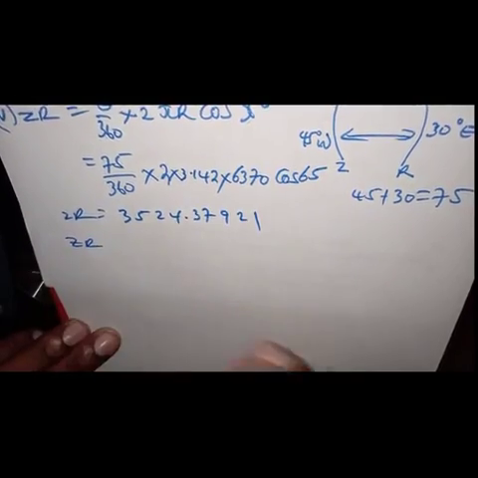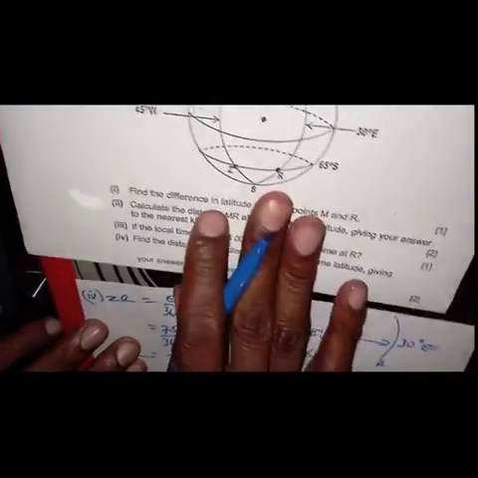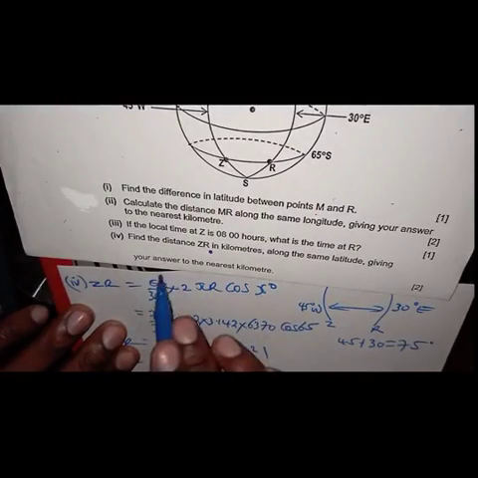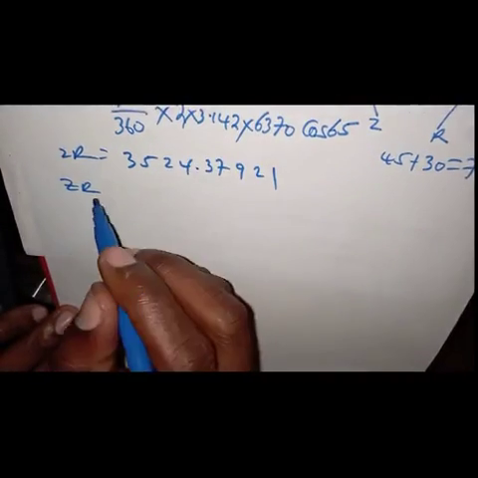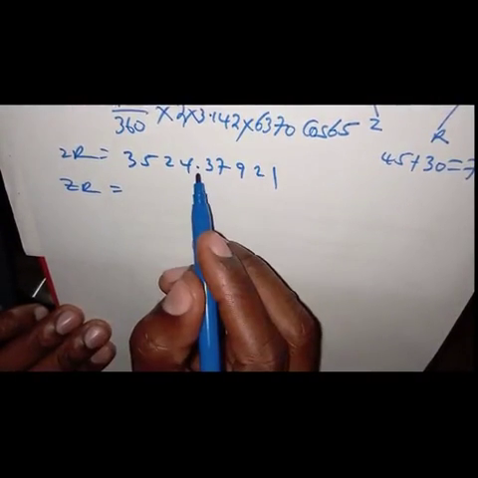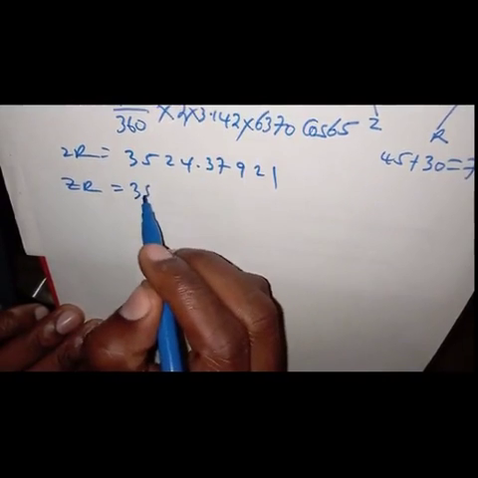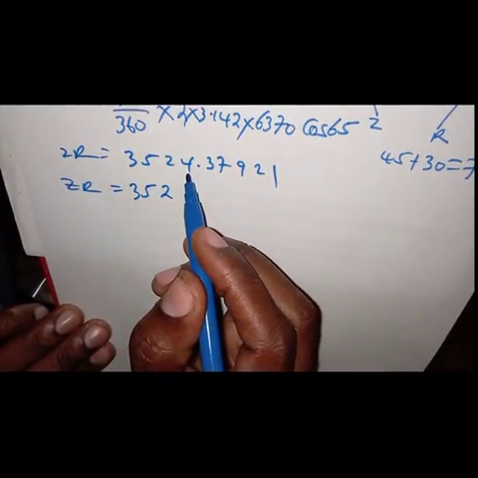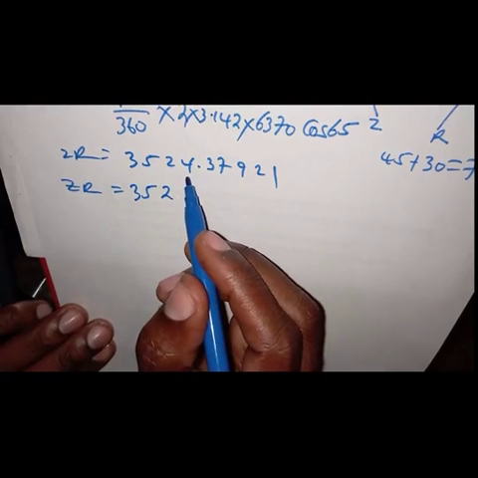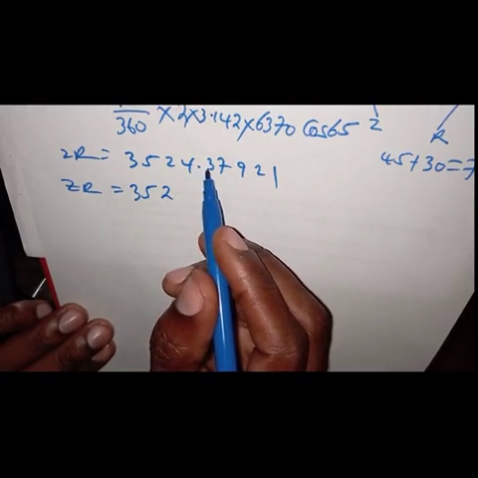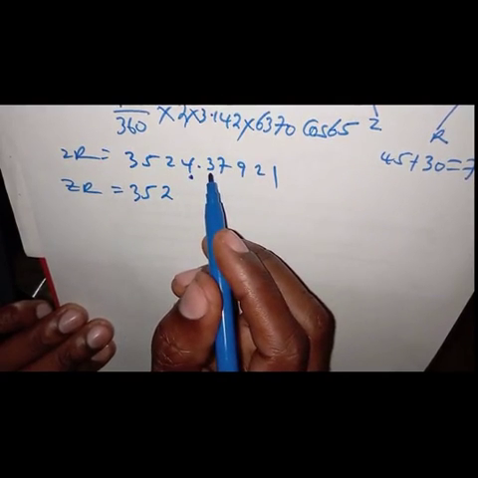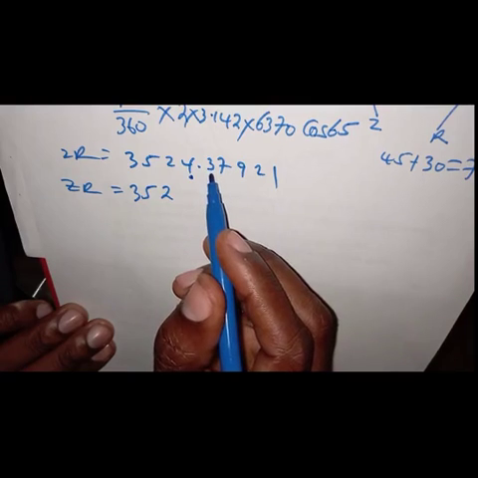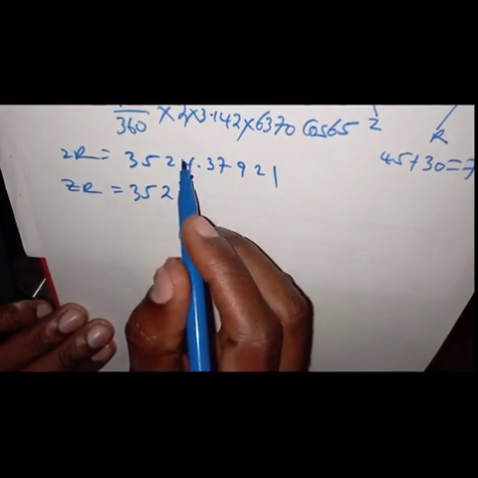Now the rules are saying we should round off the answer to the nearest kilometer. So nearest kilometer, you target anything before the point. So 3524, but for this last number immediately before the point, make sure you consider whatever is on your right. You stand here, look at the next number, it is 3. Is 3 more than 5? No, so we can't add 1 to this 4.